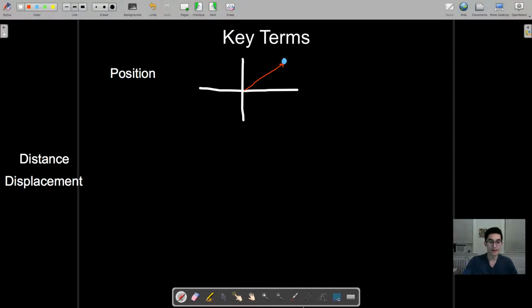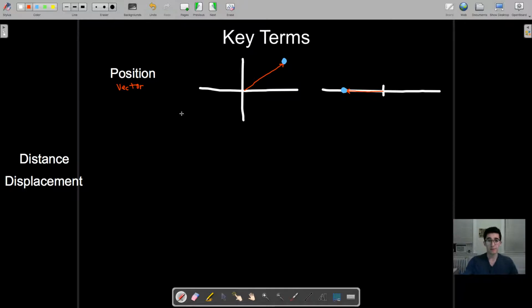If we're working in 1 dimension and we're just working on a number line here, and the blue dot is, let's say, over here, and we say the origin is right here in the middle, then our vector is going to look something like this, pointing from the origin to the position. Okay? So position is a vector. That's important to remember.